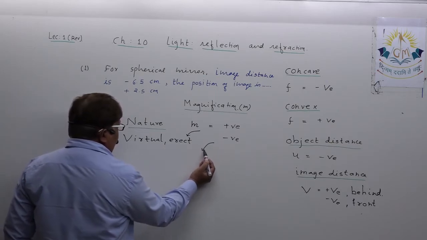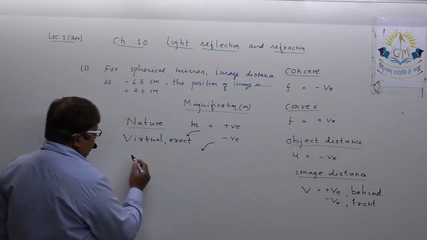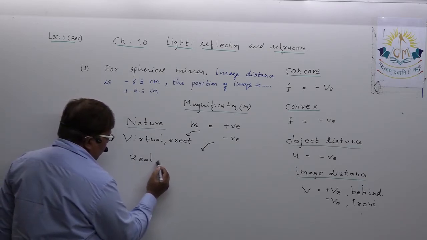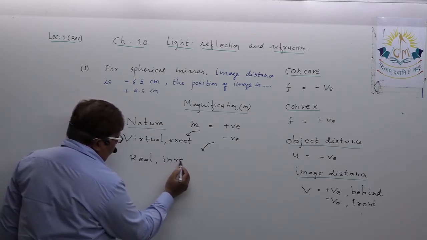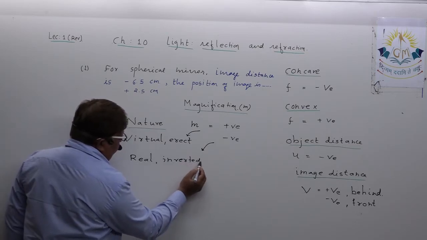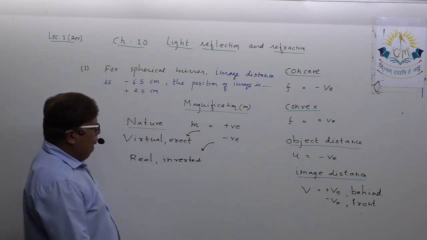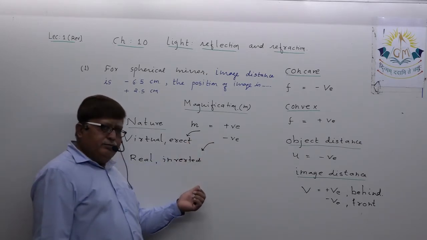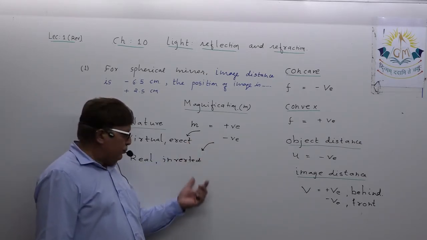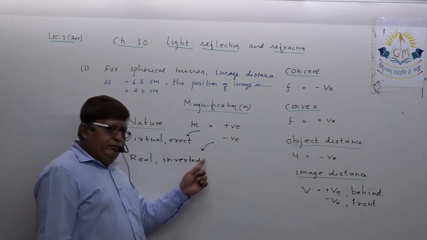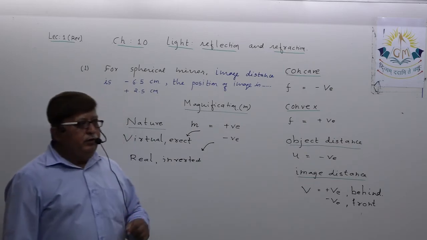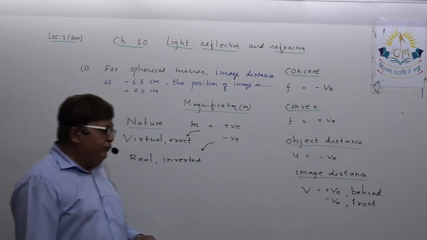Magnification negative means image is real. Real, obviously, always inverted. Remember this, dear student. We are going to discuss at least 5 to 6 MCQs just from the value of magnification.